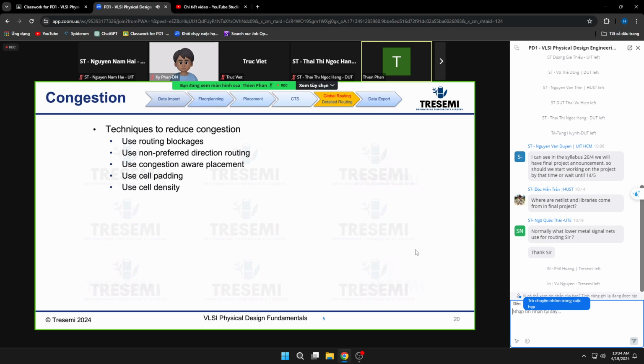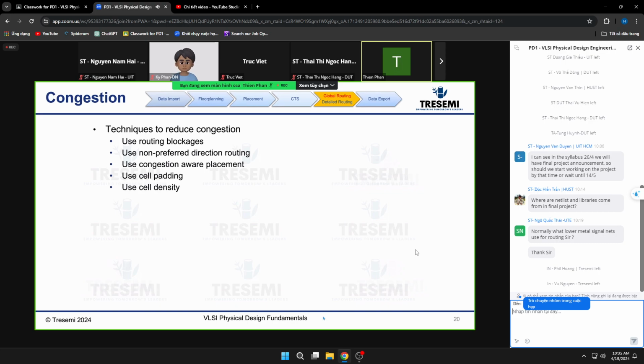So if the congestion was pretty good after CTS, and then you come into routing and have some congestion, usually that's local. Then hopefully we can look at that and try to understand what's wrong. Did we miss something?